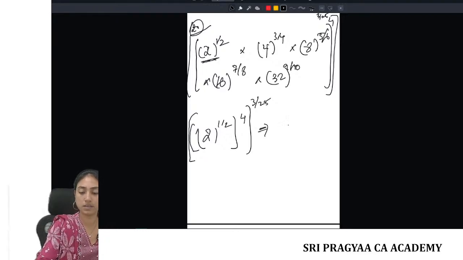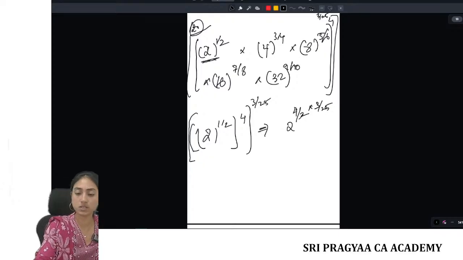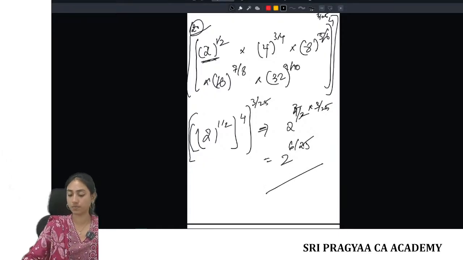which will imply 2 to the power 4 by 2, multiplied by 3 by 25, which is 2 to the power 6 by 25. This is the first term.